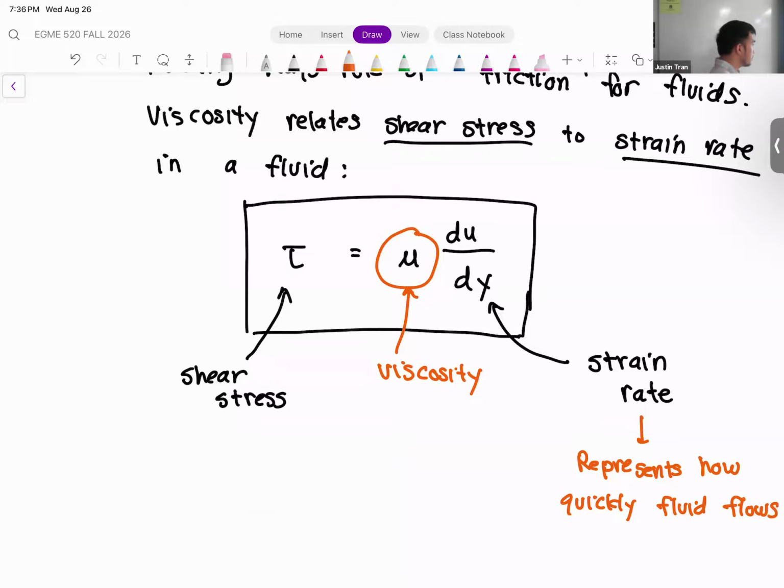It's not quite that, but for now I think that's an adequate enough definition. The shear stress, remember, is an applied force per area. So shear stress here represents how much force you're applying to the fluid.